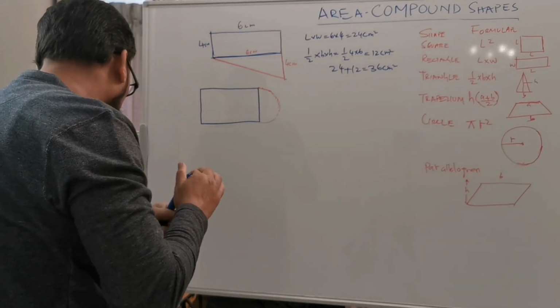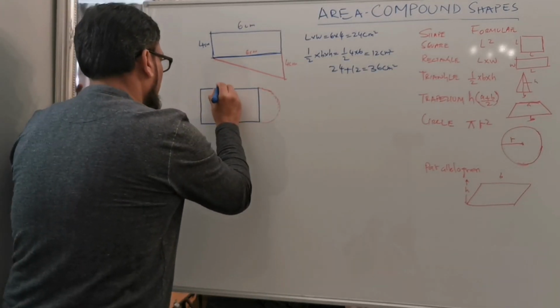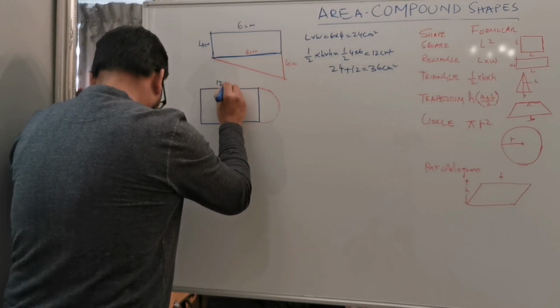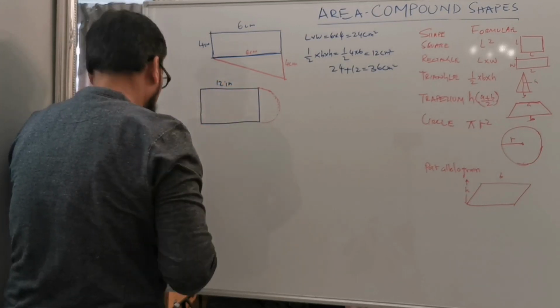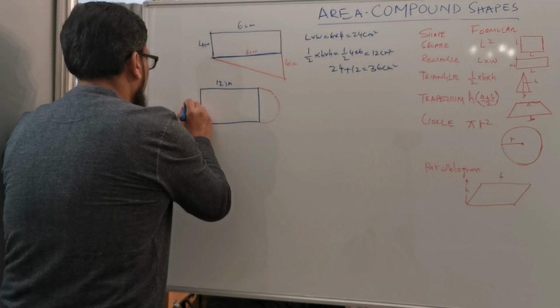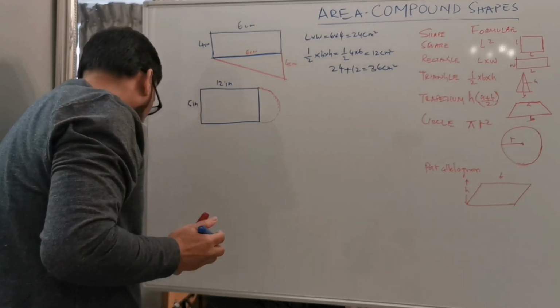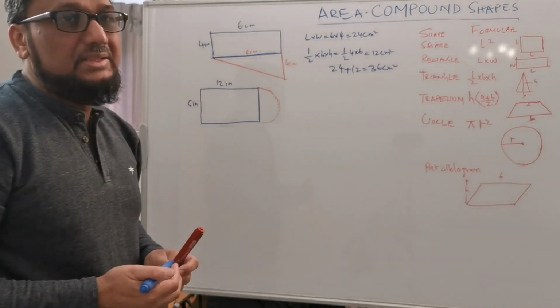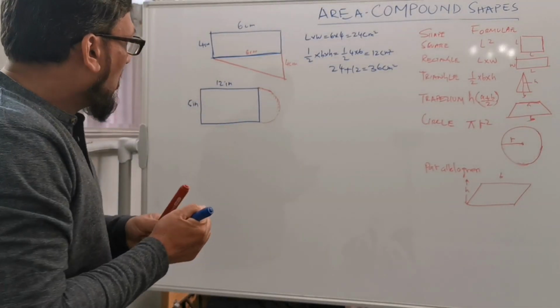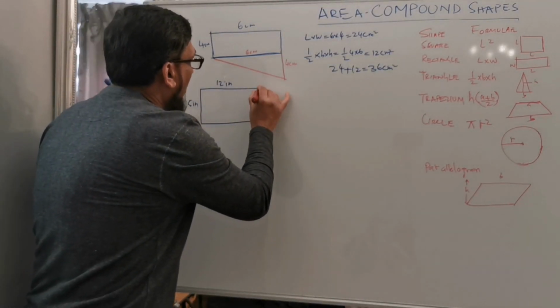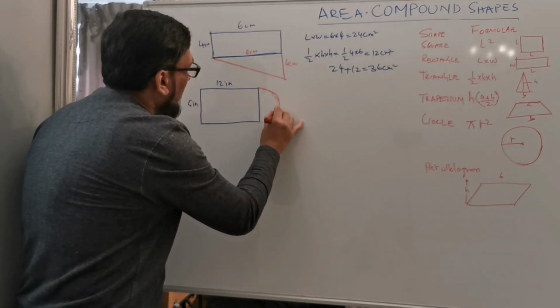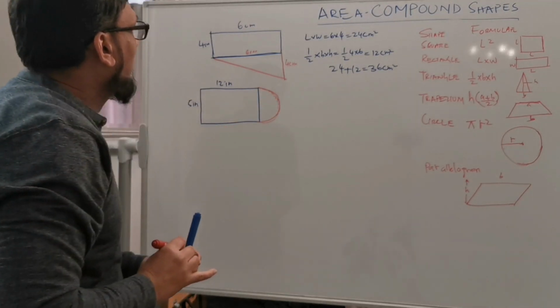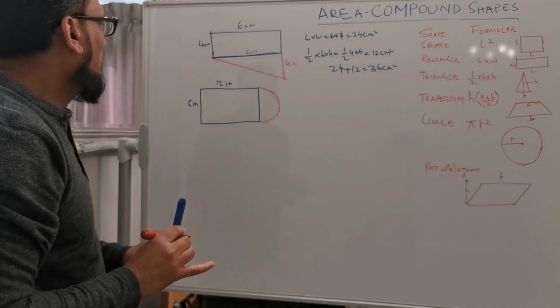Now the values for this are 12 inches and 5 inches, and we need to find the area for this shape. This is a half circle joined with a rectangle.